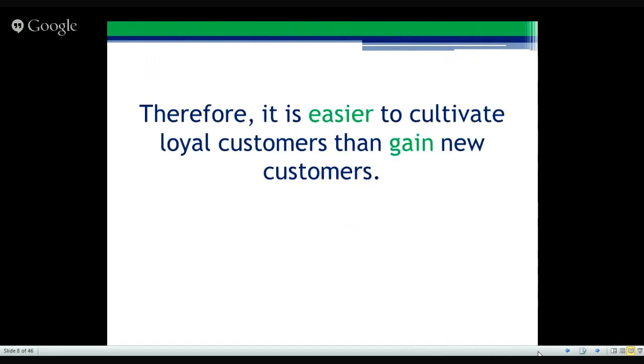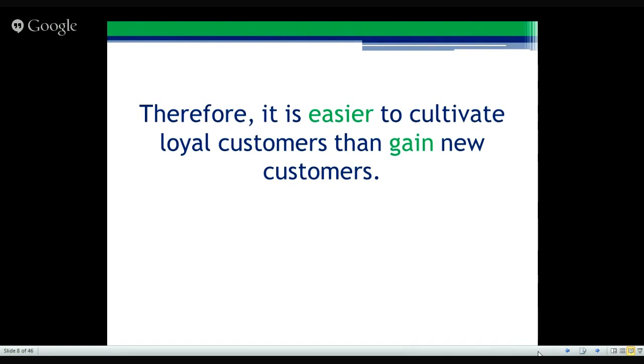So again, it's easier to cultivate loyal customers than to gain new customers. That's because when you have loyal customers, they're spreading the word about your brand. They're advocating for you. Gaining new customers is difficult because then you need to spend more marketing dollars. Whereas keeping a customer, creating a relationship with the customer, is a lot more fruitful, because then not only are you keeping that one customer, but they're helping you gain new customers.